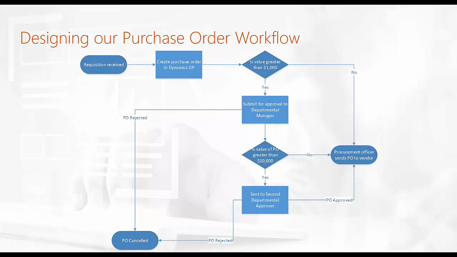So with my second step, where the value of the PO is greater than $10,000, that step is actually going to follow my first step because it means it's over 1,000, which means my department head has to approve it. But then if it's over 10,000, I have to get a second departmental approver on that. So it's going to follow that first step. We know the first step has to happen before it gets routed to our next department approver in the second step to move forward.